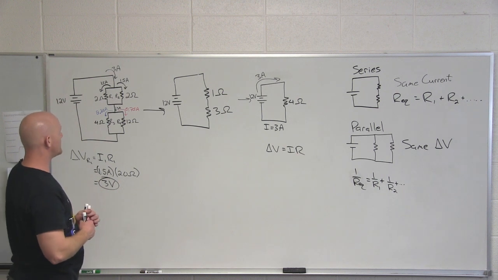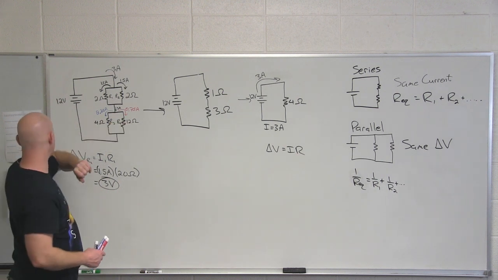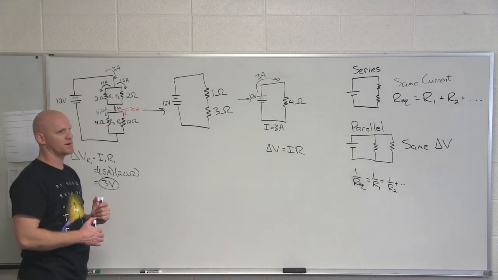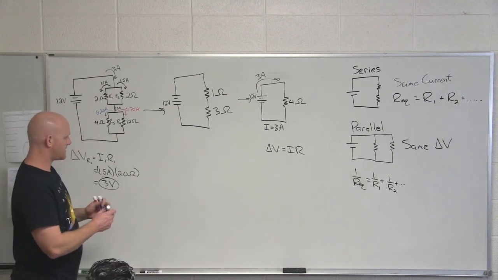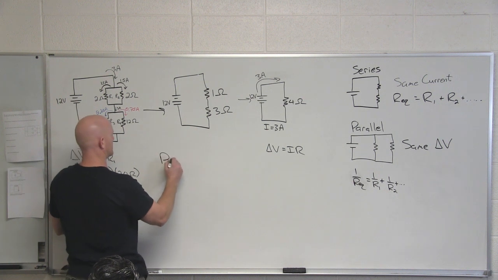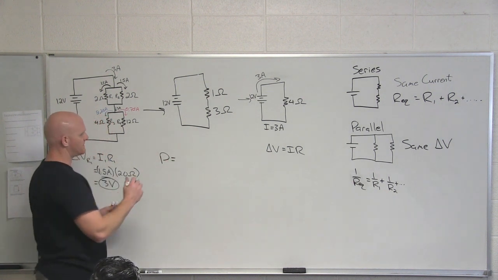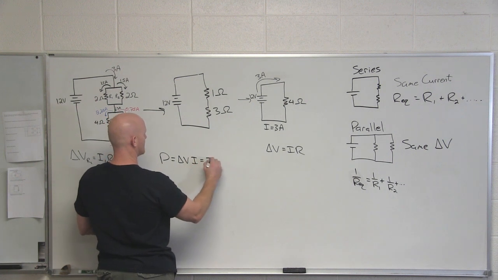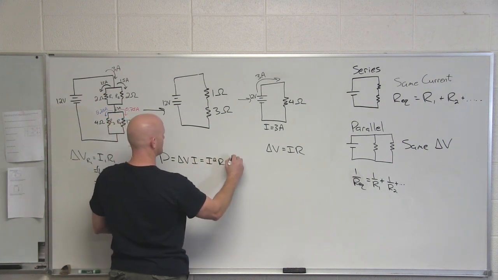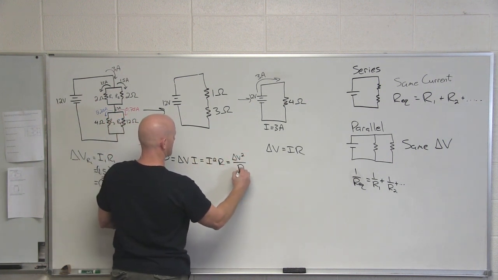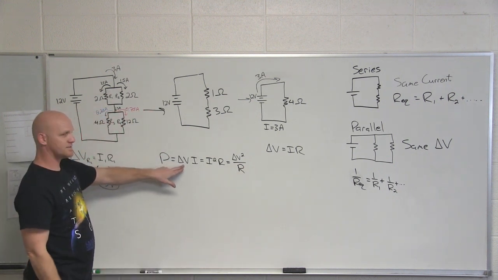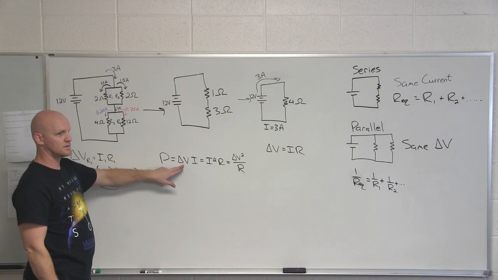Cool. Now that we've got the current going through R4 is 0.75 amps, we are asked, what is the power dissipated through R4? So in this case, what are our ways of expressing the power? Delta V times I. What else? I squared R. What else? Delta V squared over R. Great, which one do you want to use for R4? Do we know the delta V for R4? We don't.